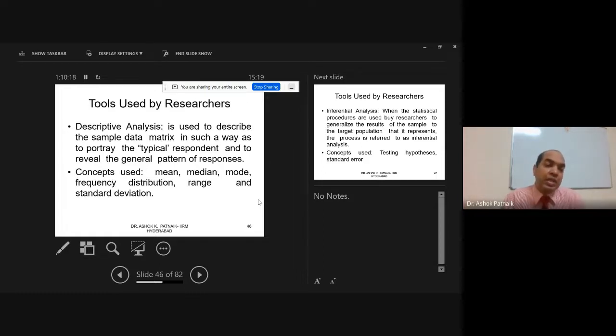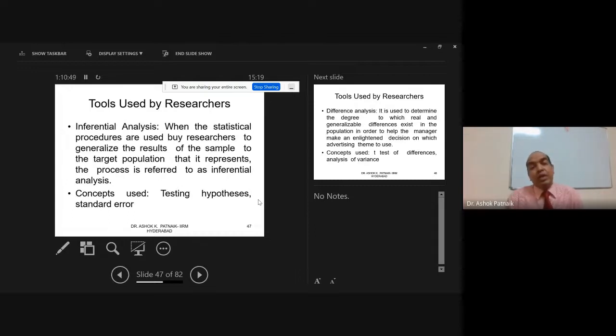The tools you generally use are mean, median, mode, frequency distribution, range, and standard deviation. These are simple tools for descriptive analysis. The aim is to find out what the respondent is trying to showcase, or what the respondent is saying about the topic.